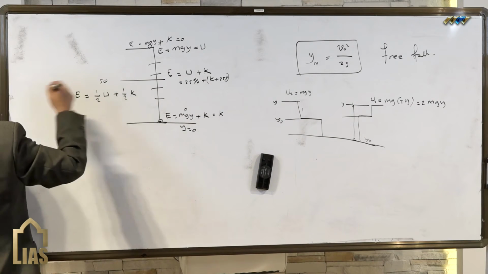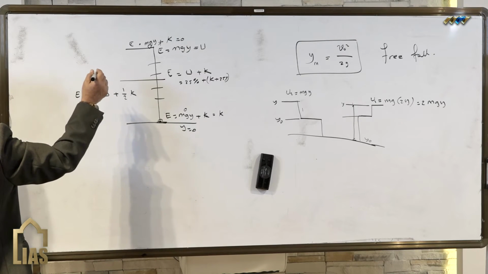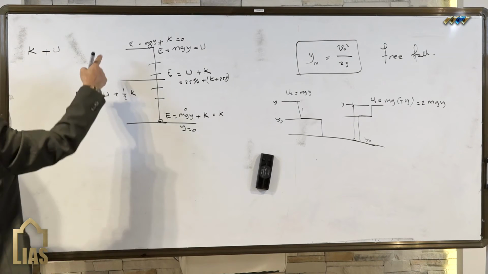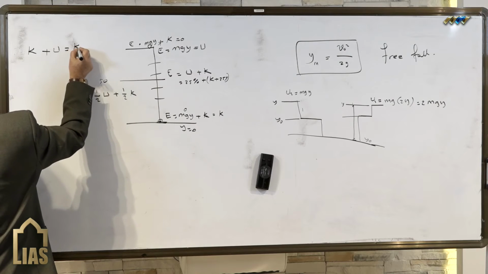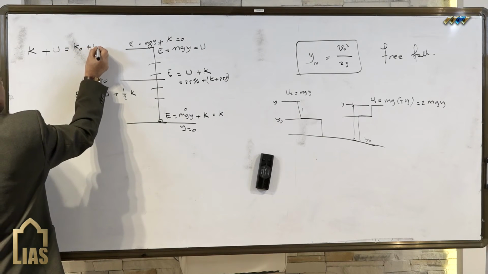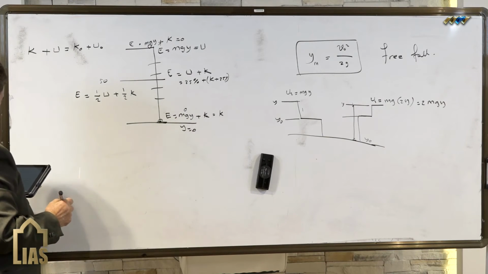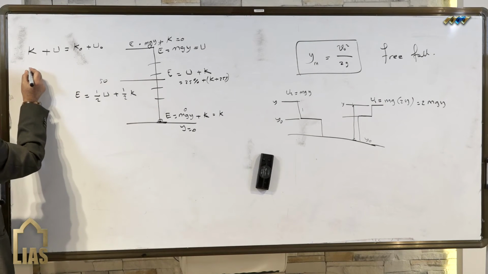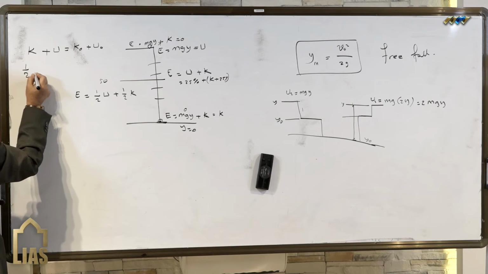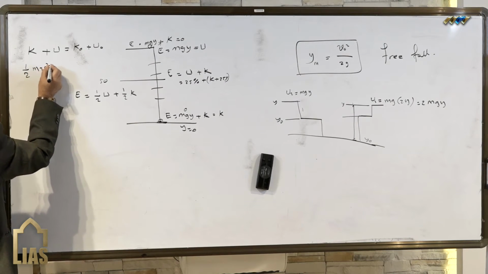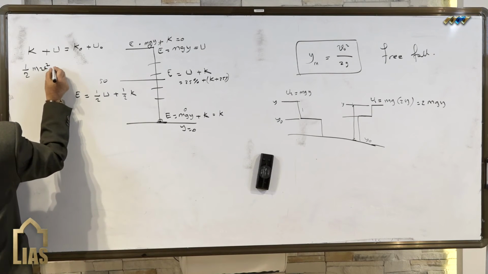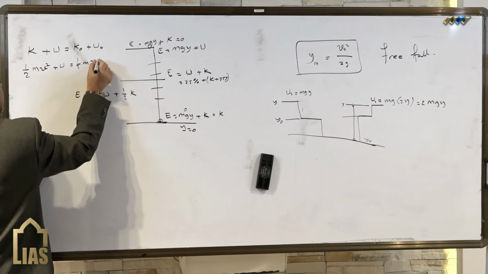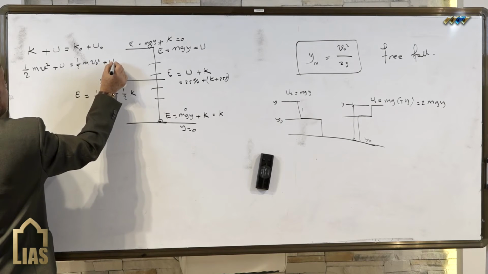We say here the kinetic energy in the first position plus U is equal to the kinetic energy here plus U. Then the kinetic energy is half m v square, plus U is equal to half m v0 square plus U0.